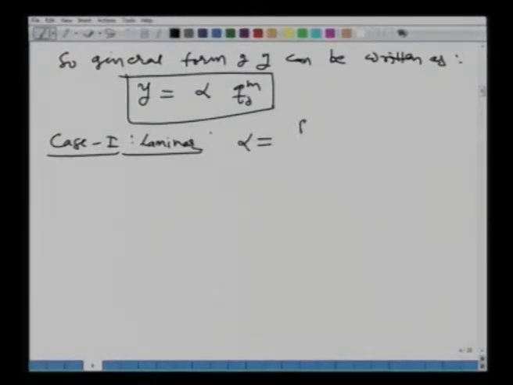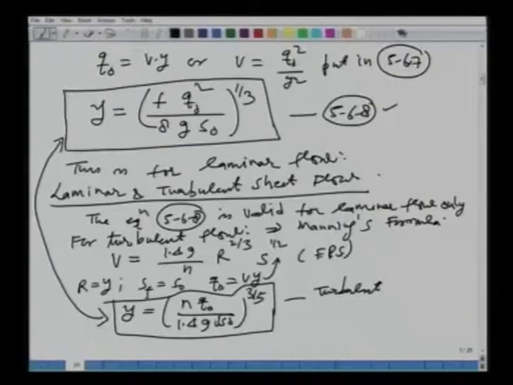Alpha will be equal to f over 8 g S naught, all of this raised to the power 1 by 3, and m is the exponent, which is equal to 2 by 3. Let me go back and see. This is your laminar flow. So, alpha is f over 8 g S 0 raised to the power 1 by 3 and q 0 raised to the power 2 by 3. So, m is 2 by 3.